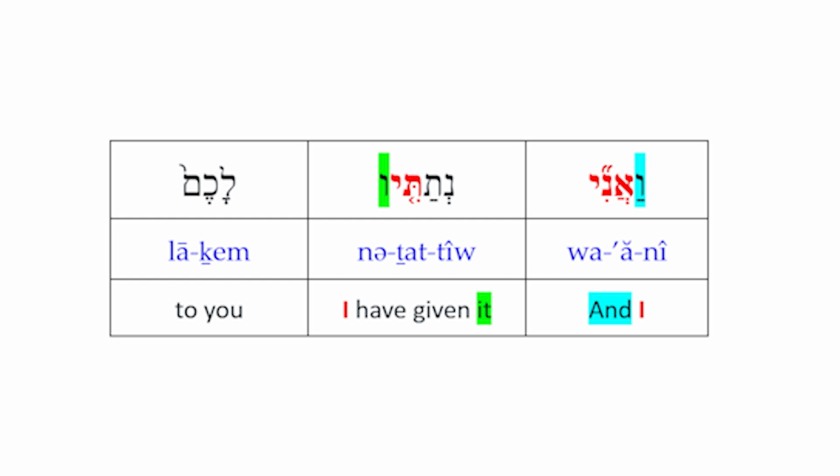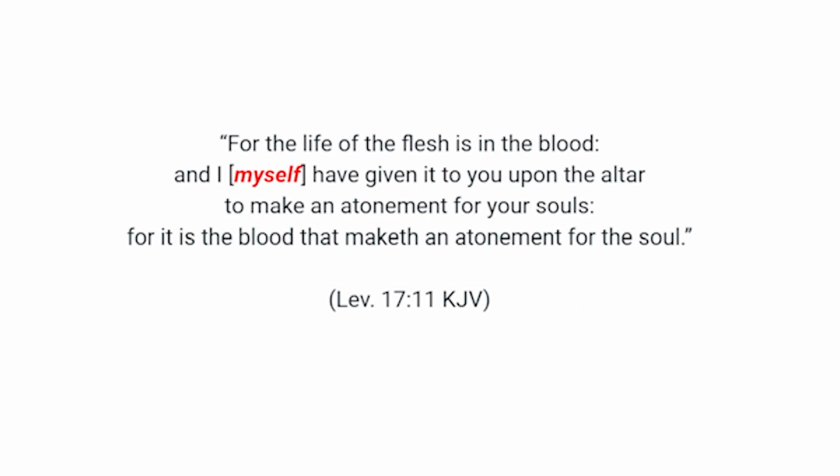So notice that the independent personal pronoun has been placed just before the verb. It isn't needed, but the writer wanted to emphasize the subject's involvement in the action of the verb. The clause would literally say, and I have given it to you. But it's more proper to say, I myself have given it to you.